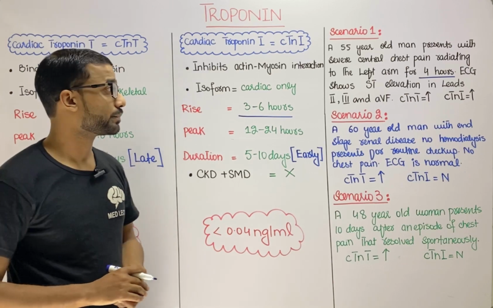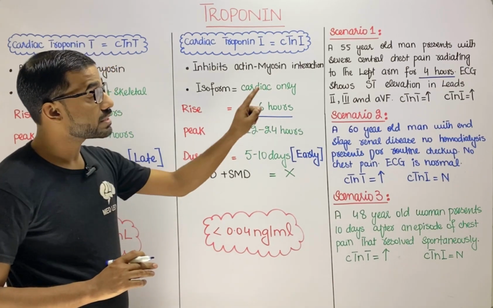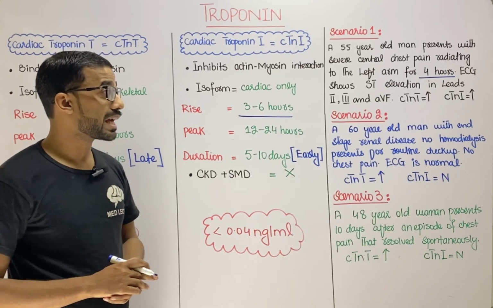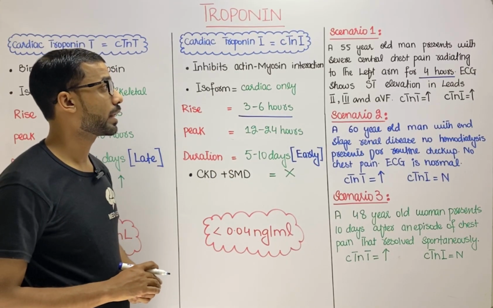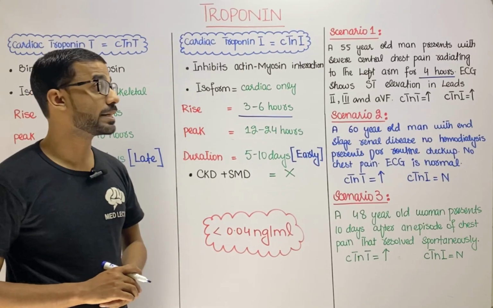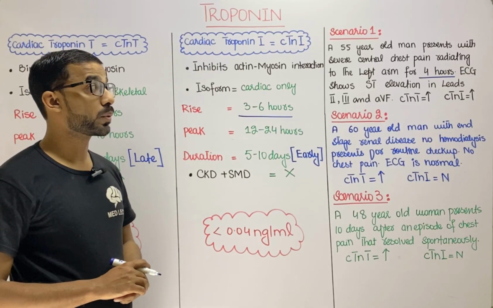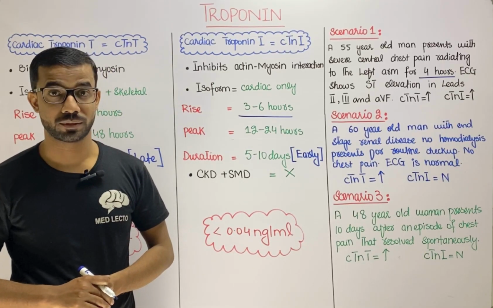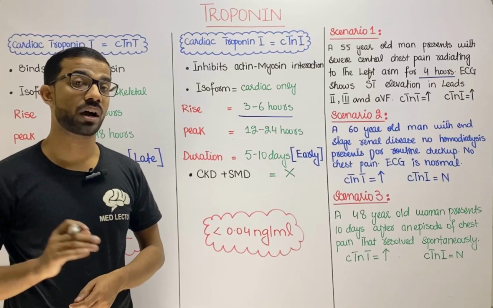That's why troponin T and troponin I are elevated on testing. ST elevation is also seen in the ECG. So it points towards ST elevation myocardial infarction.